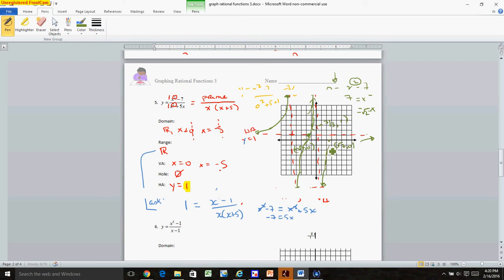Hit the x-intercept, and slide. Right? So the curveball of that one is it had 3 branches, it hit the horizontal asymptote, I found out where, and I had x-intercepts that weren't rational.